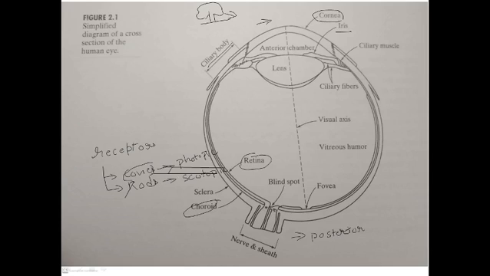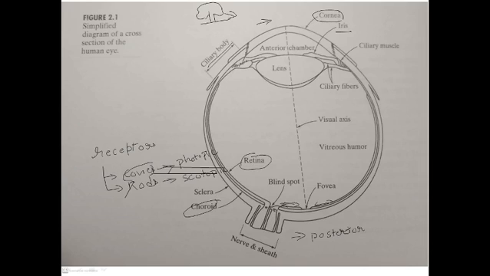These are present on the innermost layer, the retina. The cones will be present near the fovea, which is nothing but the exact center of the eye.